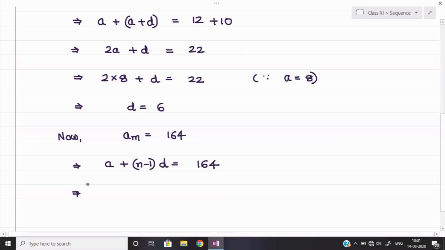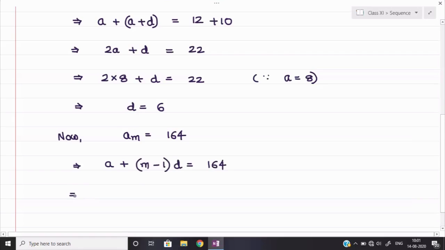Put in the value of A. Sorry, here I think I wrote n over there. We should write M. Let us make the correction. This will be m minus 1 into D is equal to 164.